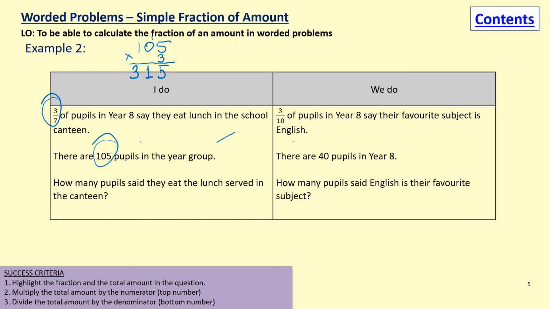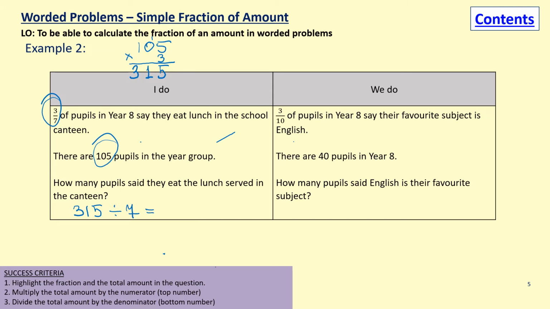Now step 3, divide the amount by the denominator. So by the amount, it's meant to be what I've got from the second step. So I have 315. And now I need to divide it by the denominator, which is 7.